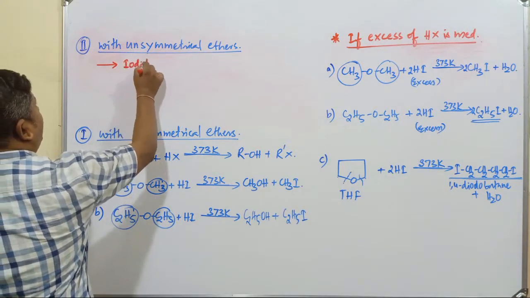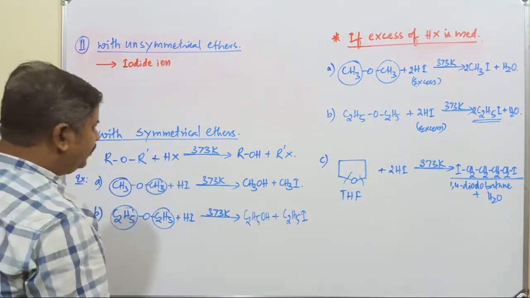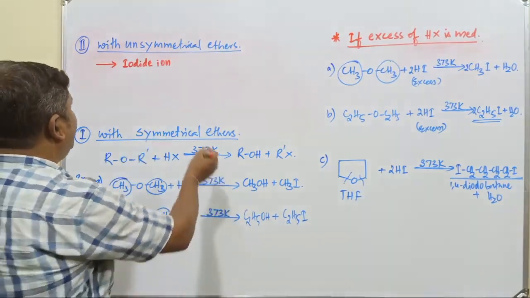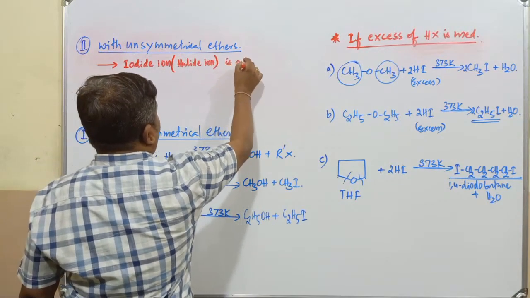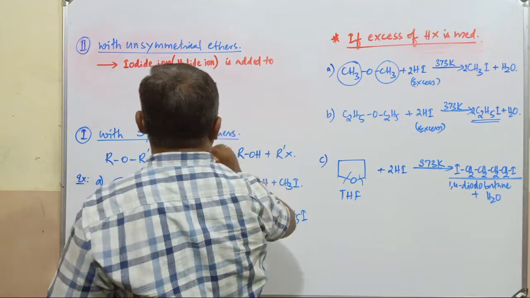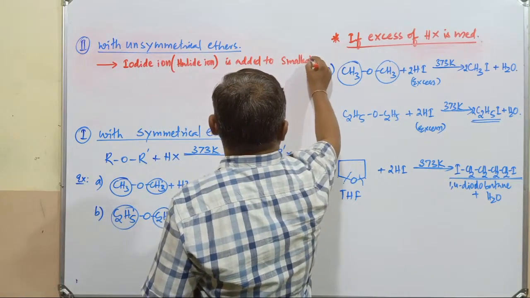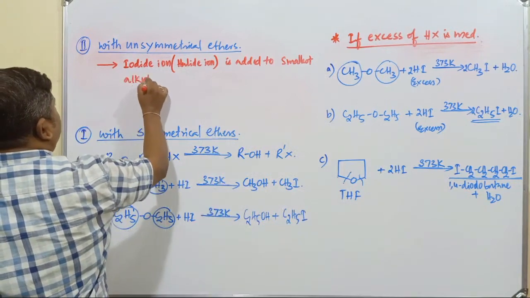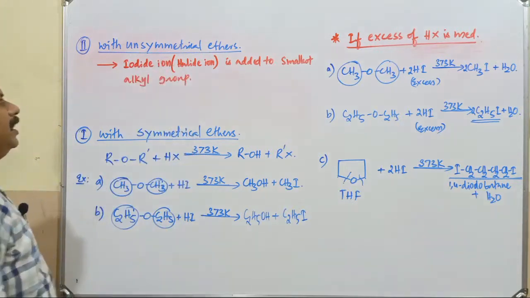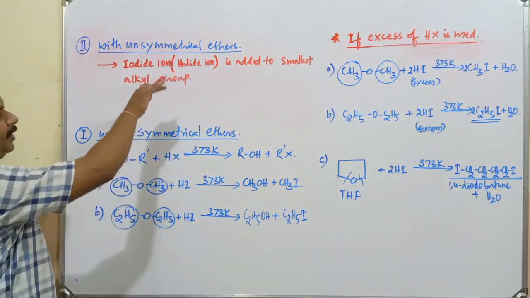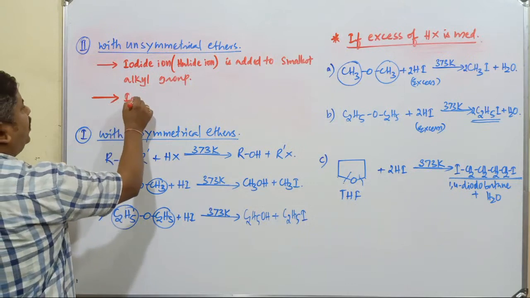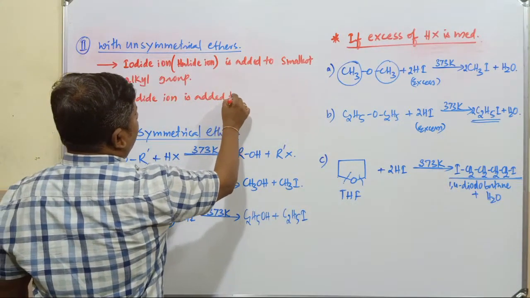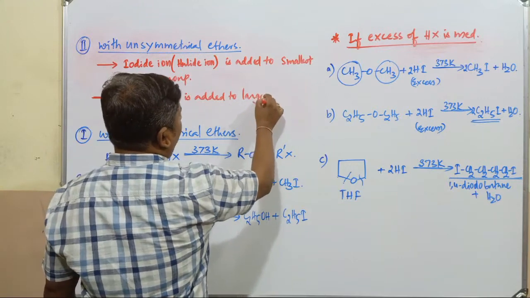HX dissociates to the respective halide ion, iodide ion, I minus. The halide ion is added to the smallest alkyl group, because the size of the iodide ion is maximum. And the halide ion is added to the largest alkyl group sometimes.